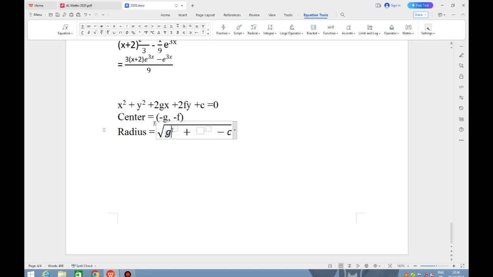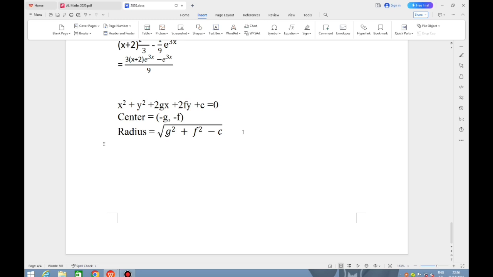This is the formula for the radius of a circle.